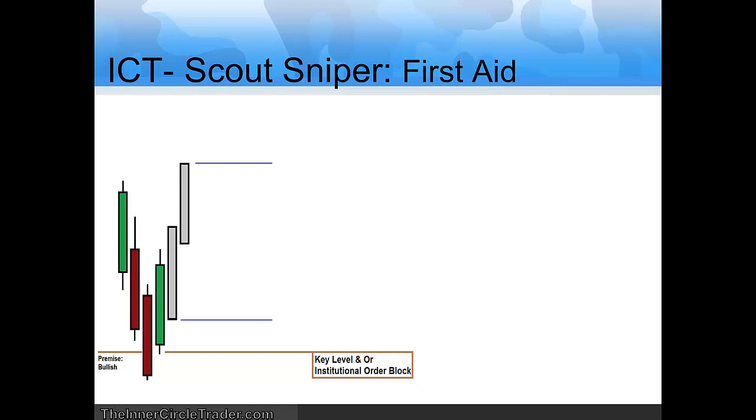The way I manage my stops, once they've moved to break even, I use a 15-minute time frame, and I find the most recent swing low on a 15-minute basis. I note that one, and then I go back to the previous swing low prior to that one. That swing low is where I take my stop, and in bullish environments I place it just beneath it by 10 to 15 pips, and I trail the market like that.